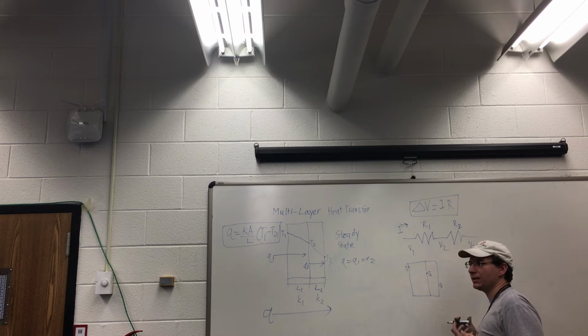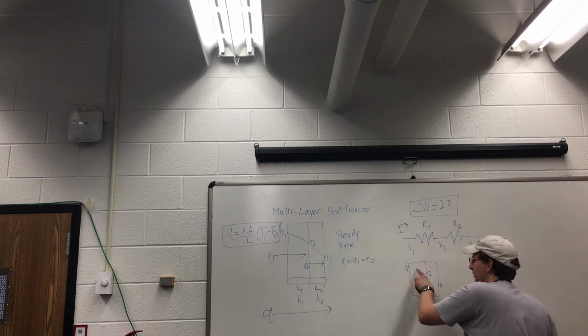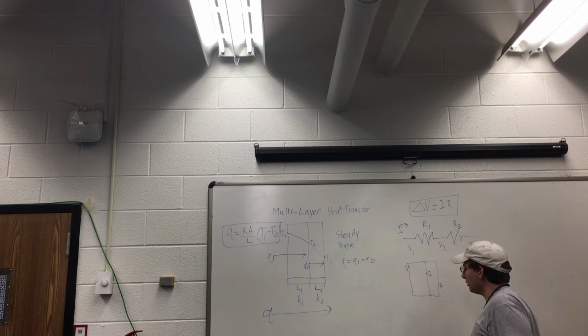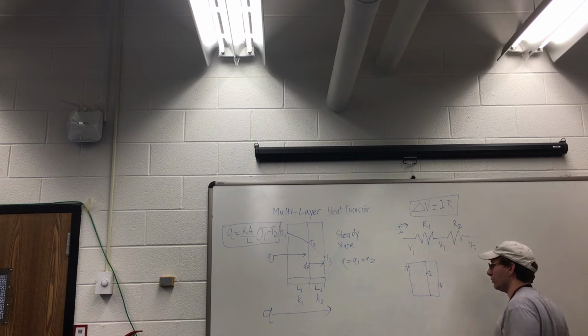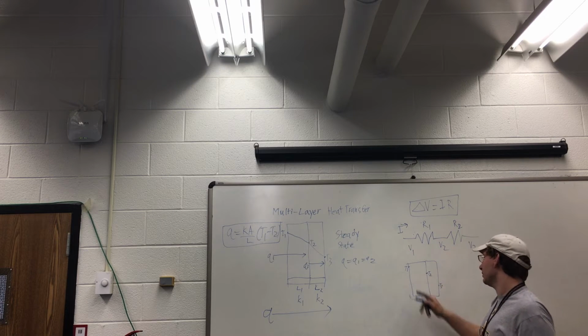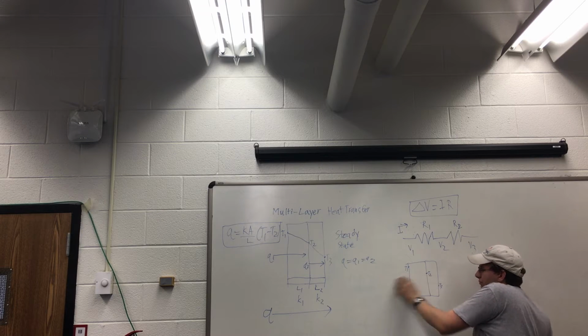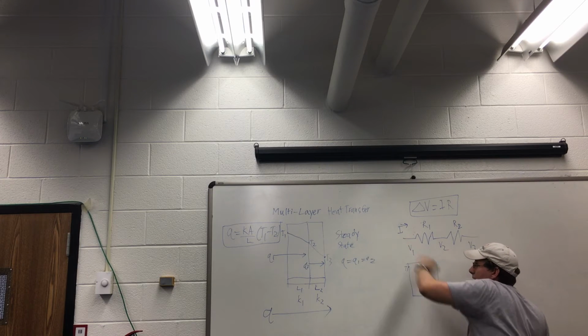But if you think about it, we can't just stick a thermometer right here and measure this temperature because, for one thing, you're going to affect the heat flow throughout the whole sample because you're giving it another path to go through. It's going to have to decide almost, do I want to go through this wall or do I want to go through the thermometer?